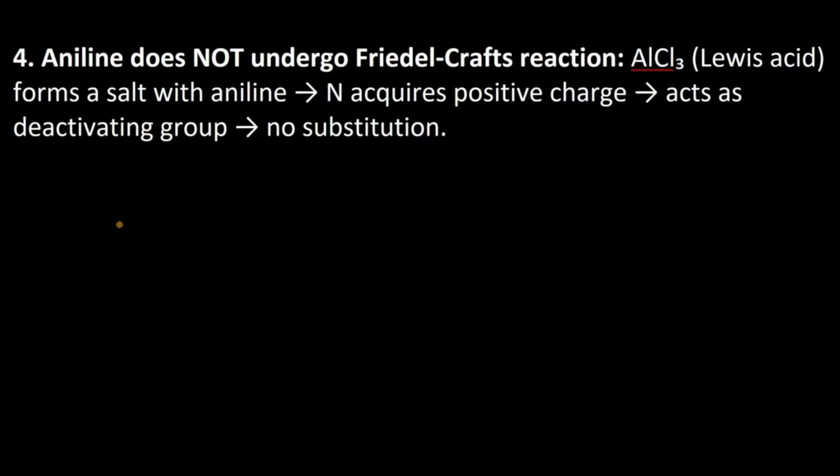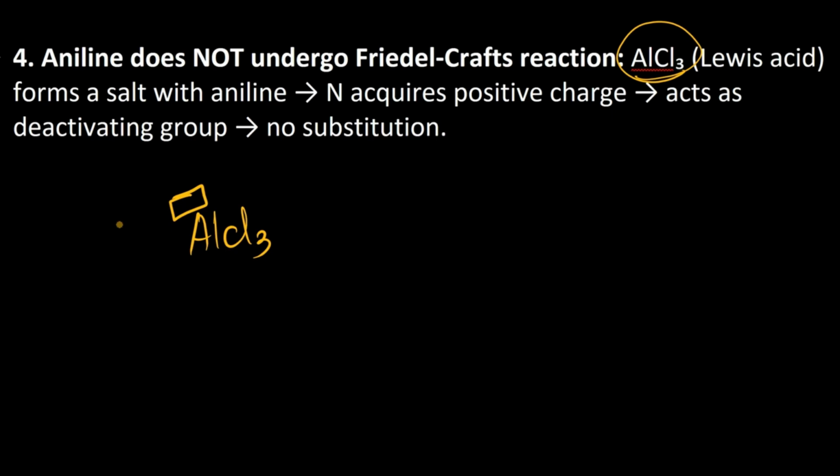In Friedel-Crafts reactions, amine will not undergo Friedel-Crafts acylation or alkylation. Why is it so? This is an important question. In the Friedel-Crafts reaction, we will be using a Lewis acid, FeCl3 or AlCl3, because that will have an empty orbital, which will help to create an electrophile.